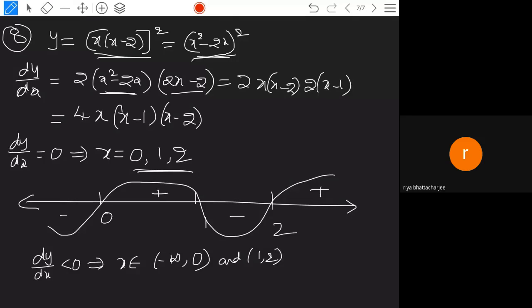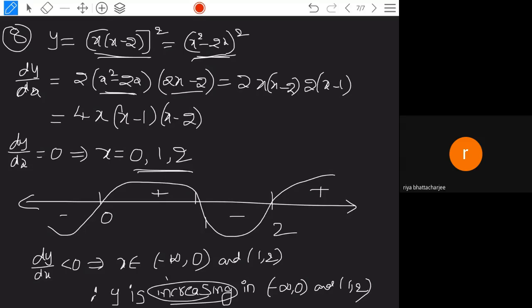Therefore y is increasing in minus infinity to 0 and 1 to 2, and in the other intervals 0 to 1 and 2 to infinity it is, sorry, in this interval less than 0, not decreasing, not increasing. Please identify when a mistake is done.